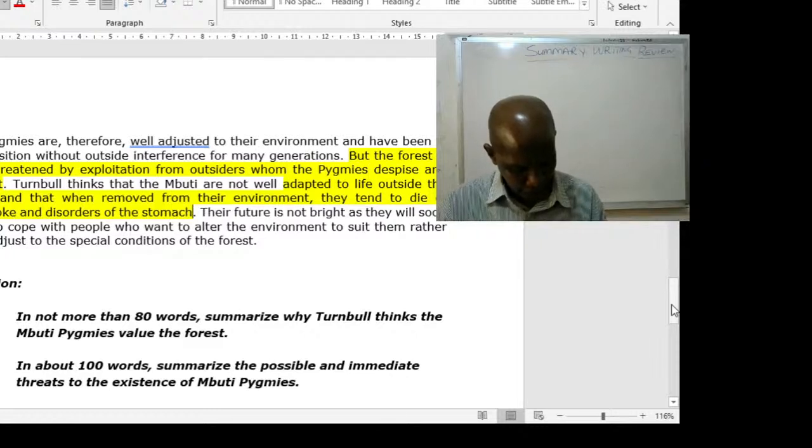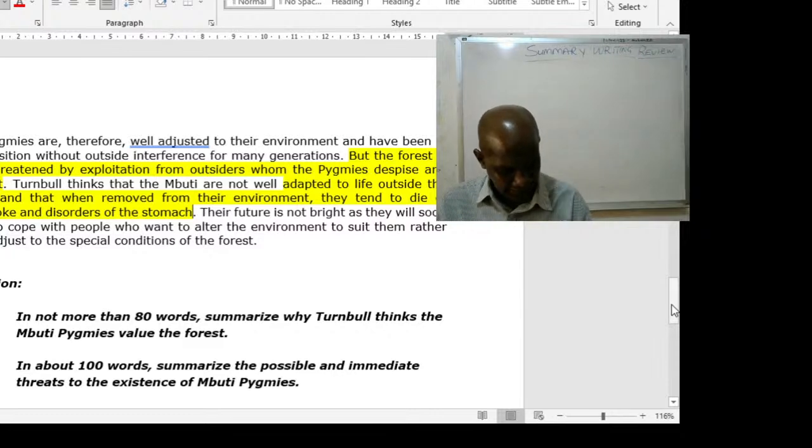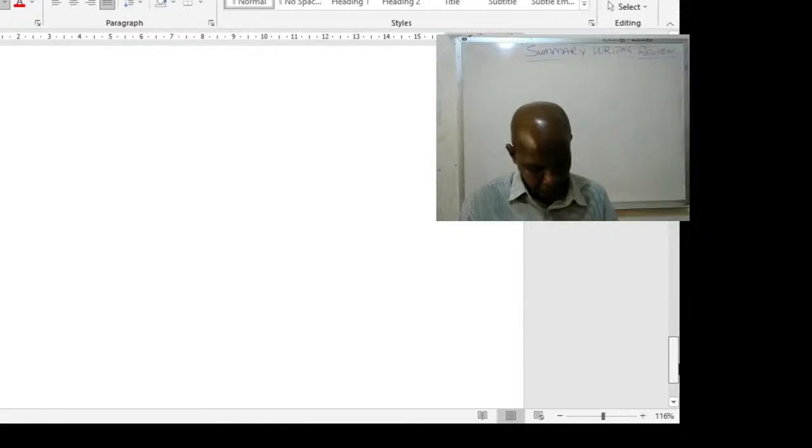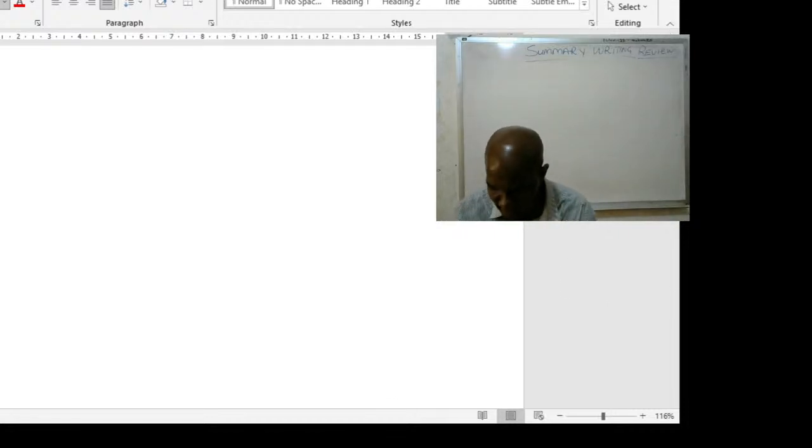So I'm turning now to the second slide, titled "The Immediate and Possible Threats to the Existence of the Mbuti Pygmies." That slide gives you some of the points for the second question, the immediate and possible threats to the existence of the Mbuti pygmies.